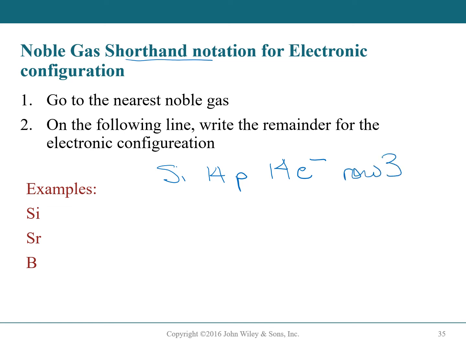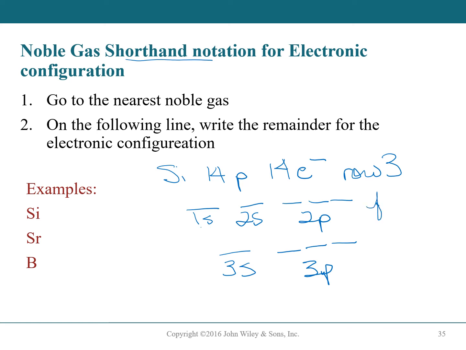So we know we have to go through 1s, 2s, 2p, and then 3s, and then 3p. But instead of writing everything out explicitly, we can say, listen, my 1s, 2s, and 2p all have to be filled in order to get to row 3.